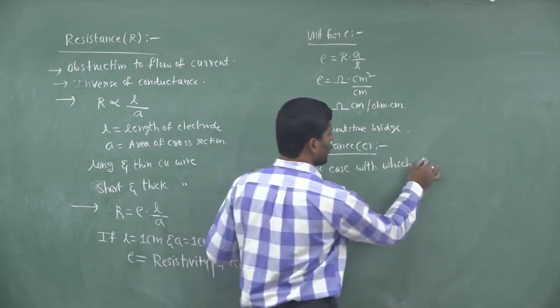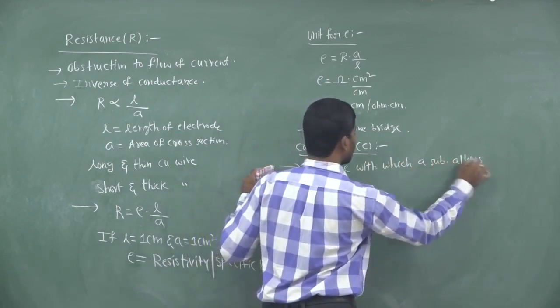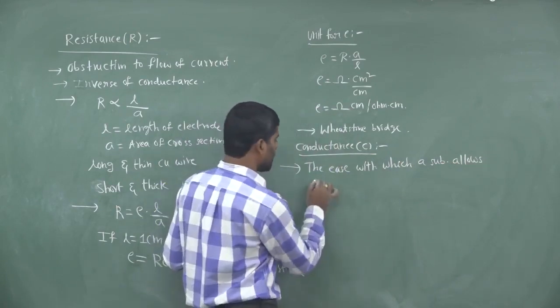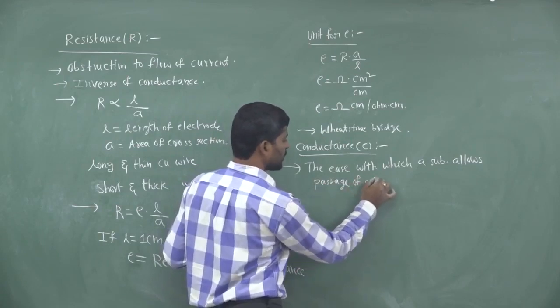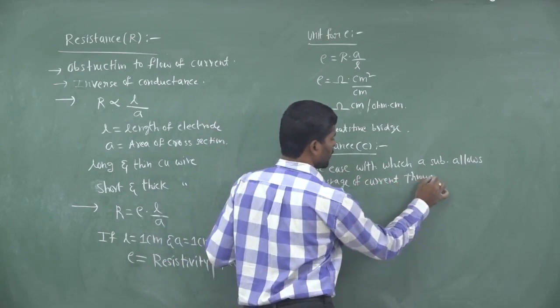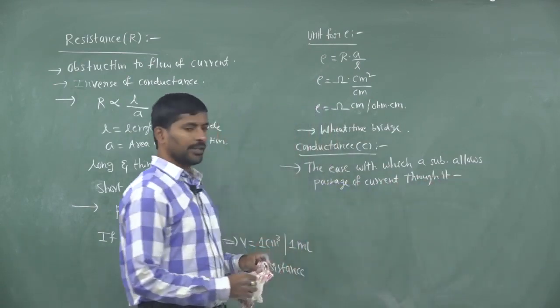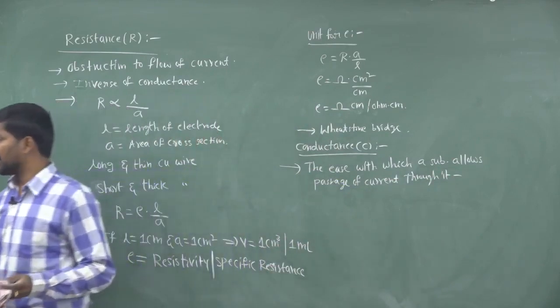The ease with which a substance allows passage of current through it is called conductance.